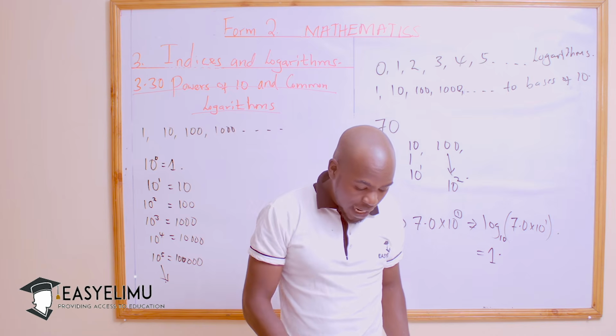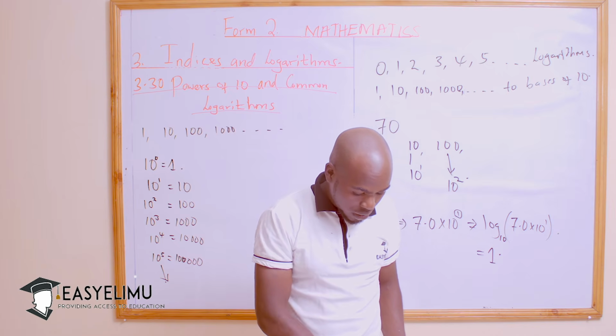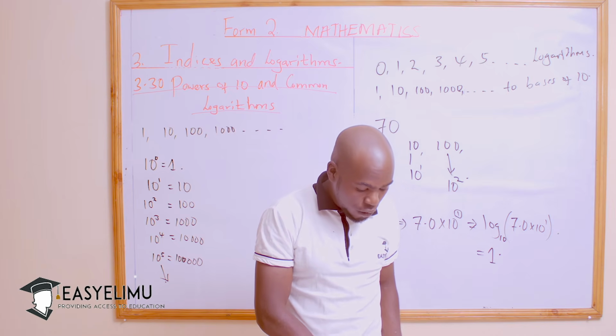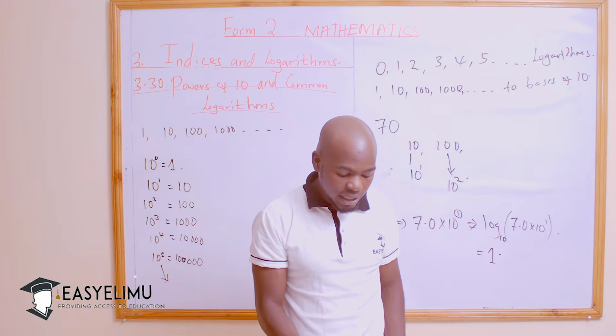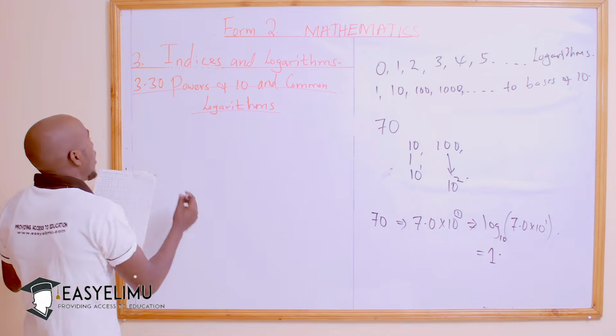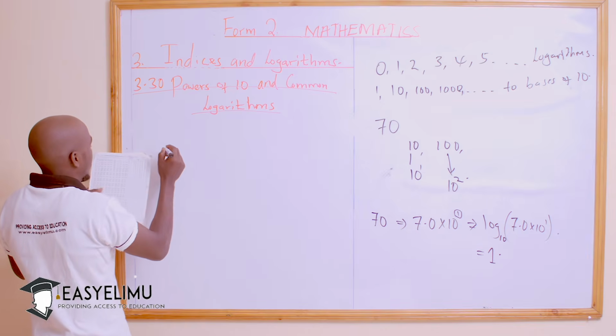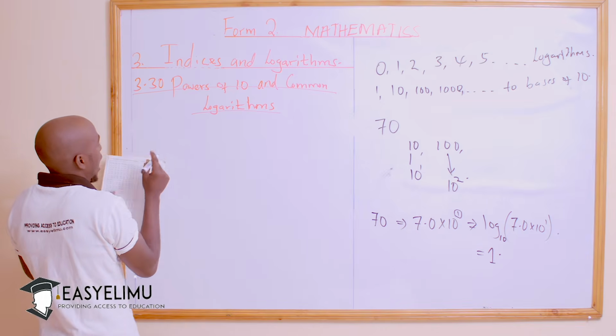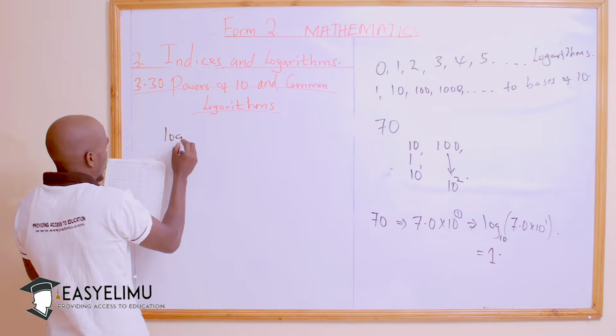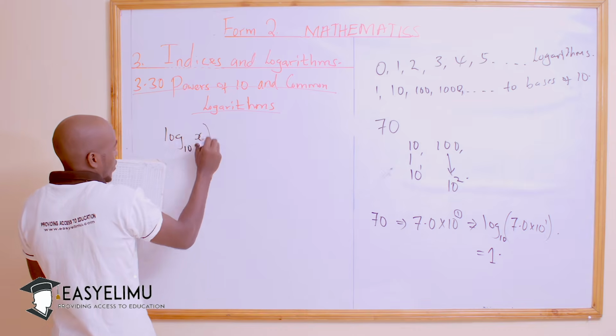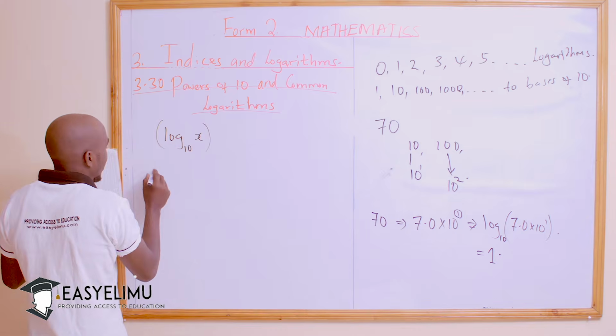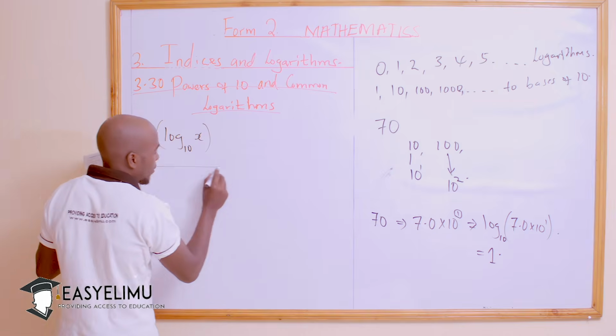You go to the logarithms of numbers to base 10, written in brackets as log 10 x. And then we have a table there.